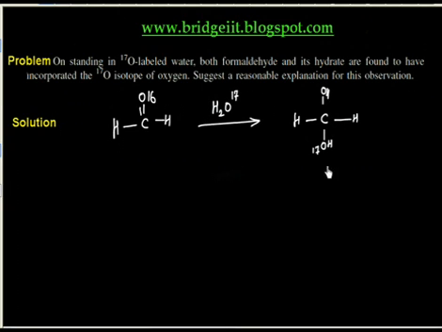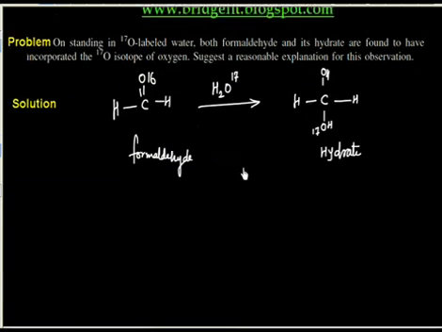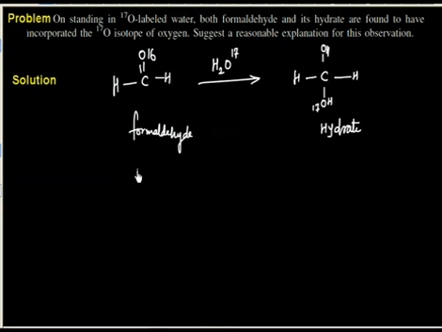So the question says hydrate, so this is the hydrate and this is the formaldehyde. Are you getting? So the hydrate as well as the formaldehyde both contain oxygen 17. This also contains labeled oxygen 17. How is this happening? Initially you are taking oxygen 16, but now this formaldehyde also contains labeled oxygen 17. How is this possible? So we have to answer this question.